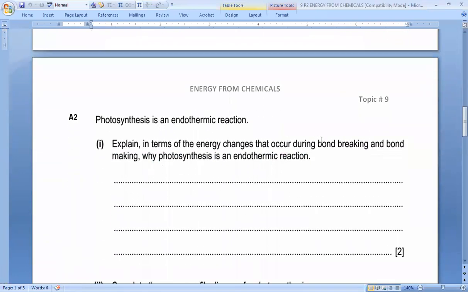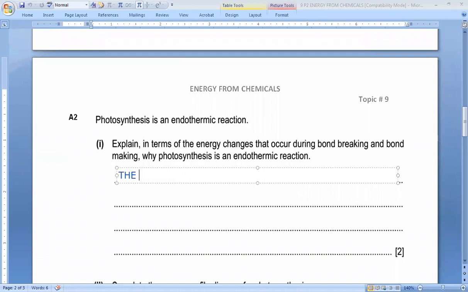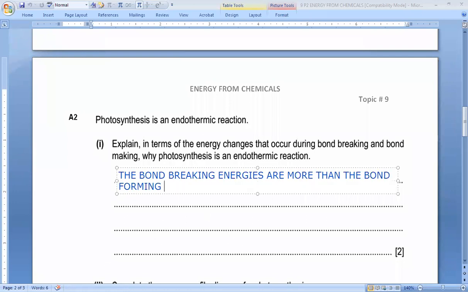Photosynthesis is an endothermic reaction. Now, how can you write the answer in terms of bond breaking and bond forming energies? I told you a little earlier how bond breaking and bond making energies can be used to define an exothermic or endothermic reaction. The bond breaking energies are more than the bond forming energies.